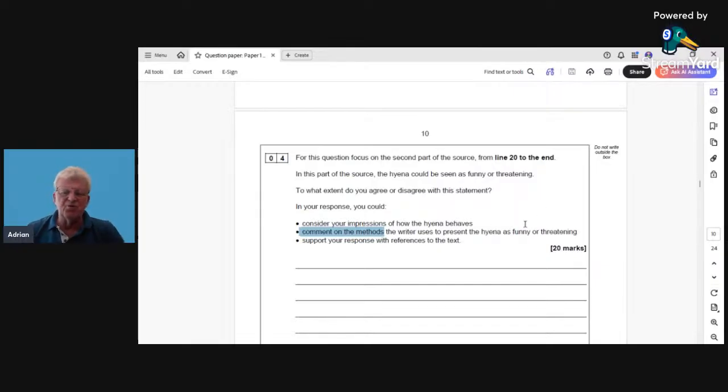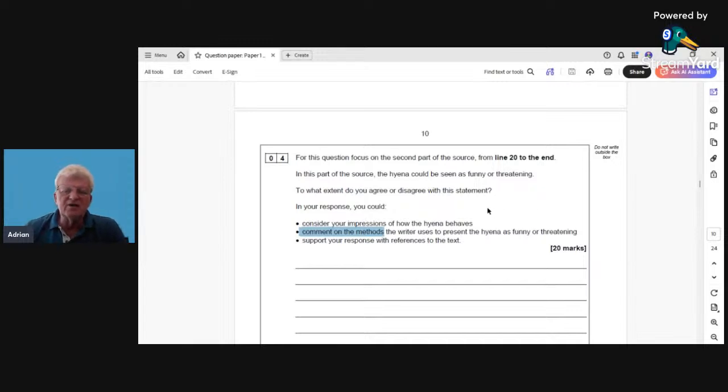And that is important. So it's now how you evaluate the text and how you're evaluating the writer's ability to create this story and build the tension, and whether the statement is correct or not in your opinion. But again, everything has to be backed up.